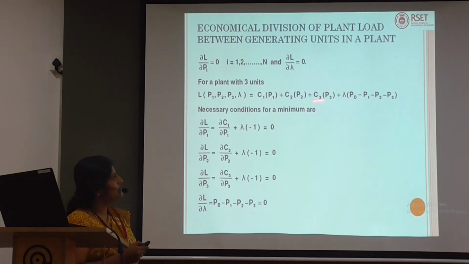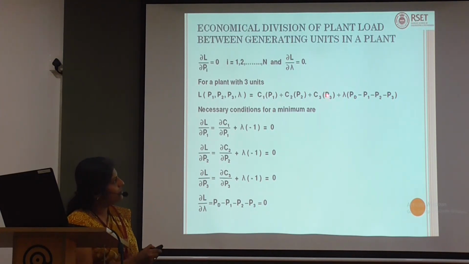Similarly, we differentiate L with respect to P2, and we will have the same equation: dou C2 by dou P2 plus lambda times minus 1. And dou L by dou P3 is dou C3 by dou P3 plus lambda times minus 1. So we are differentiating this Lagrangian function with respect to P1, P2 and P3, and we differentiate the same Lagrangian function with respect to lambda also.